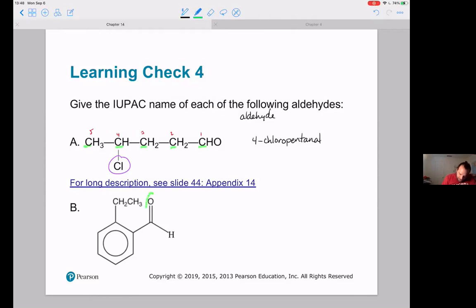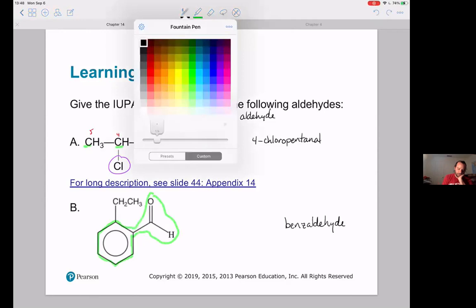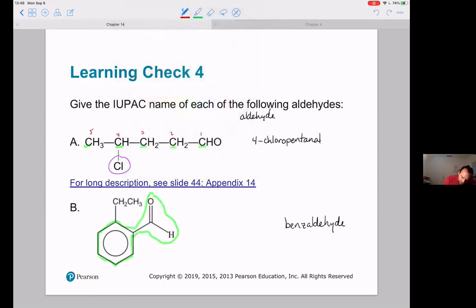Okay, for this one, I have now our special aromatic aldehyde, benzaldehyde. So that's going to be the parent chain of my compound here, the benzaldehyde. And then I'm going to start numbering, again, always numbering with number 1 at that aldehyde group.